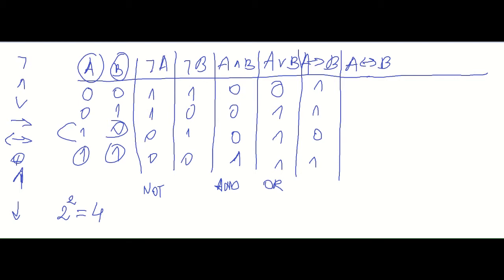So actually this is the case in this line and this line. In this case they match, both zeros or both ones. So that's why equivalence is 1 here and 1 here, and 0 is here.